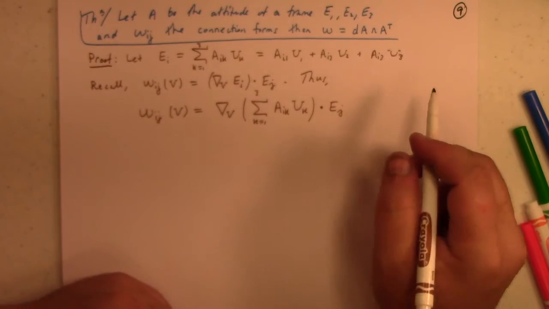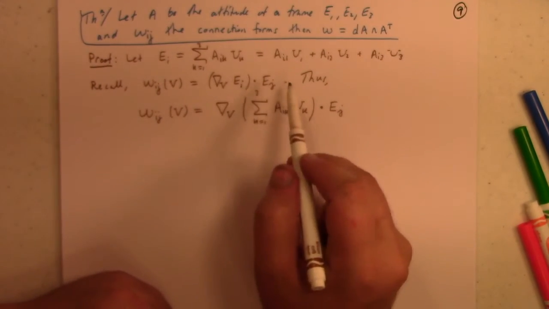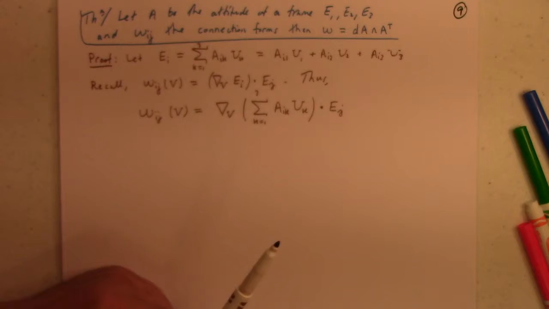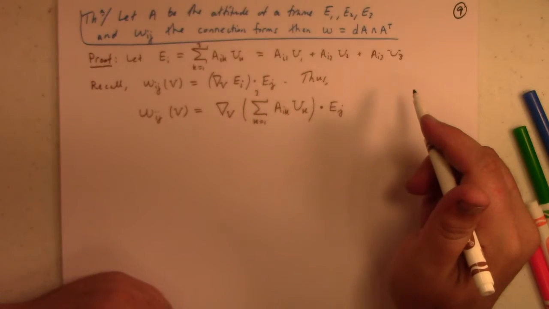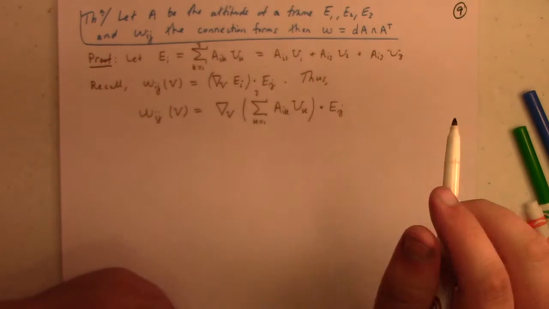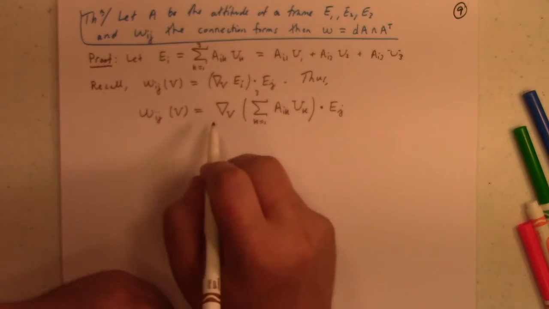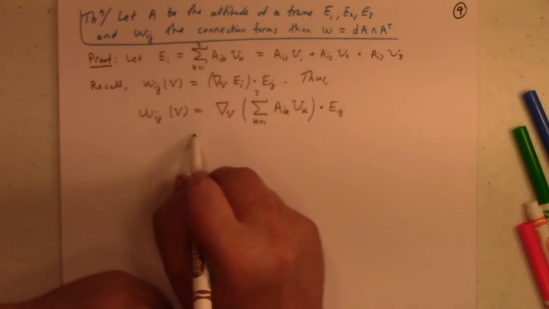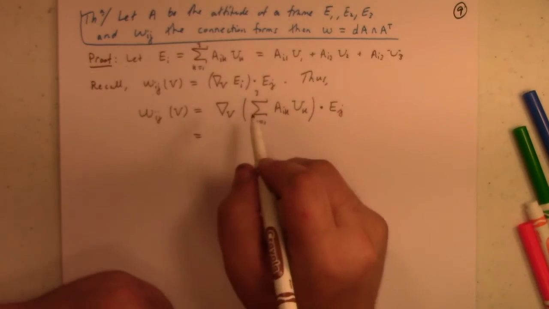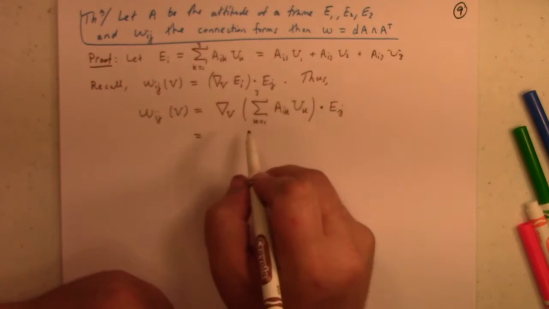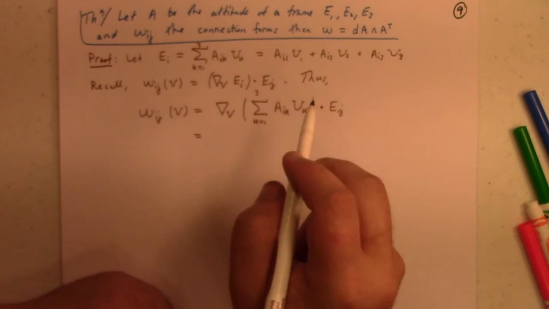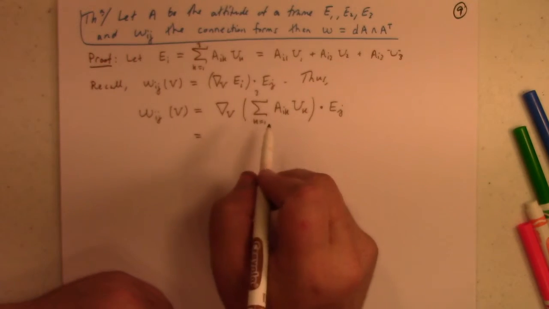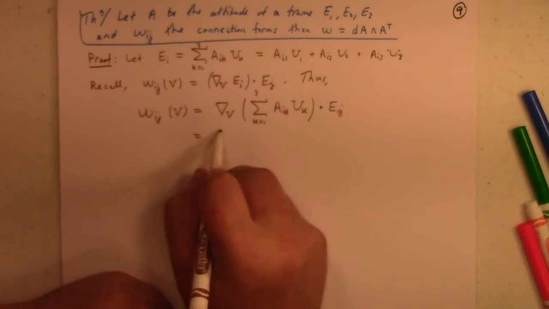So far all I've done is expand Ei in terms of the attitude. Let me just calculate rather than try to figure out some new fancy way to do it. There's probably some shorter way than what I am about to write, but I'm not trying to reinvent the wheel right now. Okay, so pull the sum out.